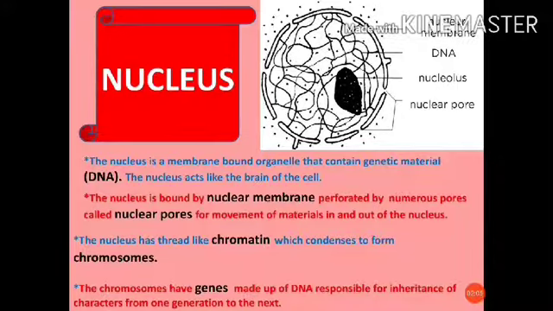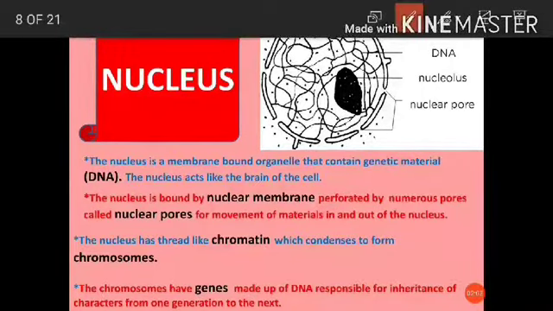The nucleus has its own membrane called the nuclear membrane, just like the cell membrane, and it has numerous pores, which you can see here, called nuclear pores. These nuclear pores allow the movement of certain materials between the cytoplasm and nucleus.